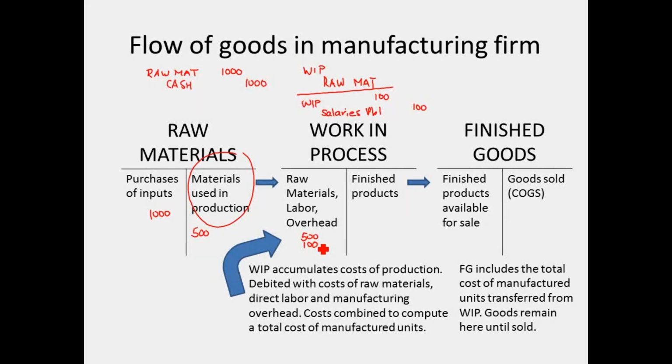So the fact that I'm calling it work in process instead of salaries, does that mean I have no salary expense? I have an expense, but I don't record the expense until when? Until I sell the product. So will I see on this company's income statement a line that says salaries expense?